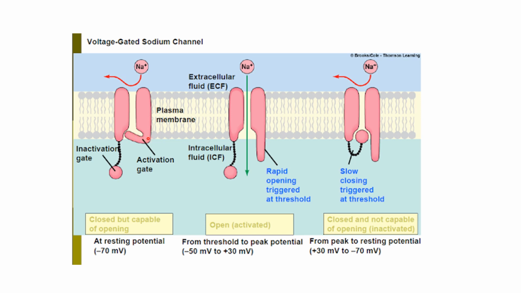In a resting condition, the activation gate is closed and the inactivation gate is open. And when this channel has to conduct sodium into the cell, the activation gate has to be open.